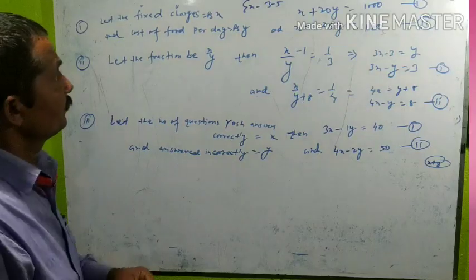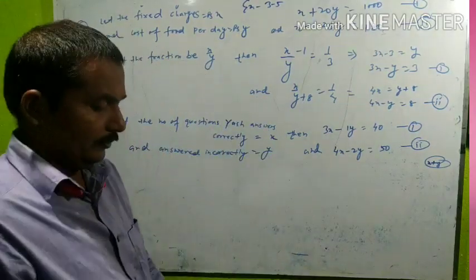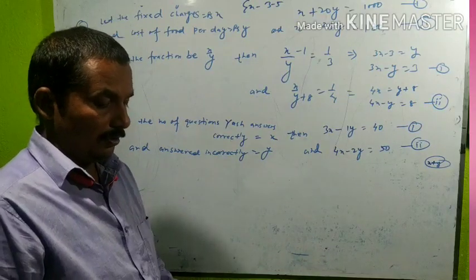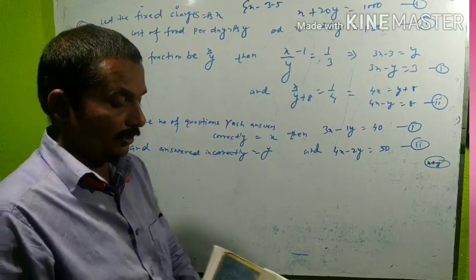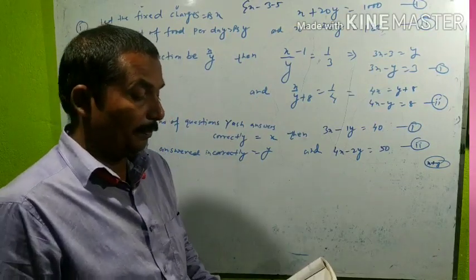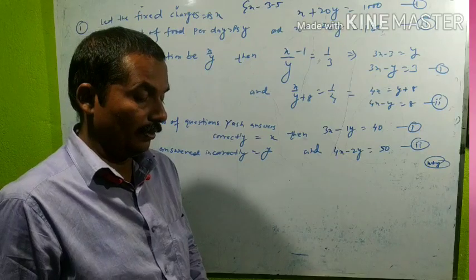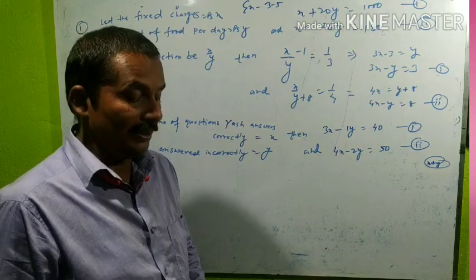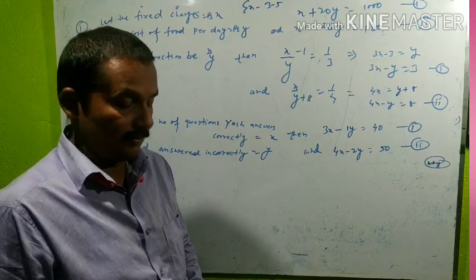Look here. Question number 1 of 4. The question is here. A part of the monthly hostel charges is fixed and the remaining depends on the number of days one has taken food in the mess.